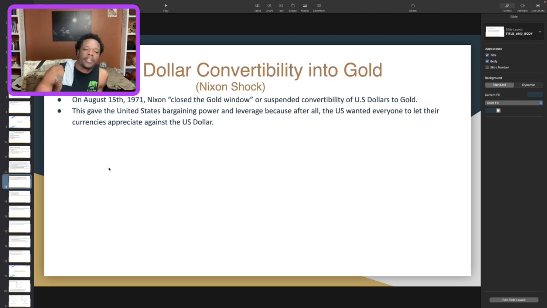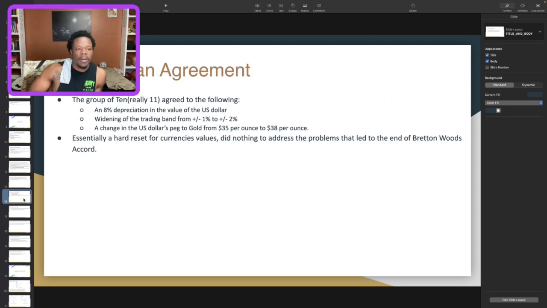Essentially, the United States just wanted to have control, being that they are the world's reserve currency. So they decided to negotiate things on their own terms, if that makes sense. The Smithsonian Agreement essentially was a hard reset for currency values. It did nothing to address the problems that led to the end of the Bretton Woods Accord.